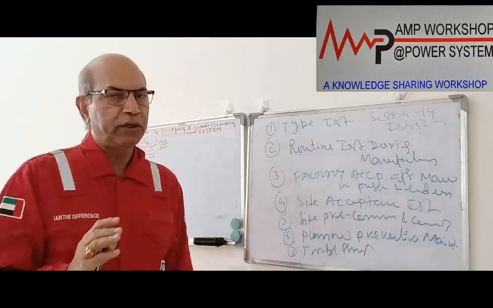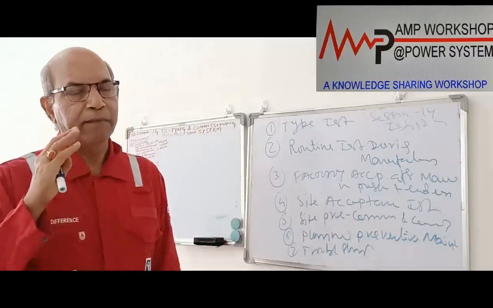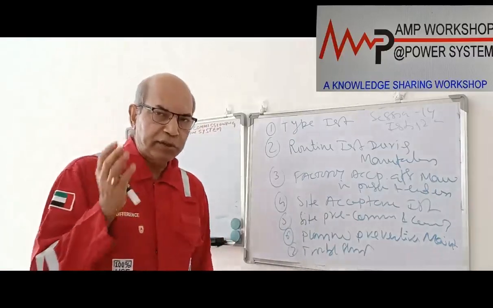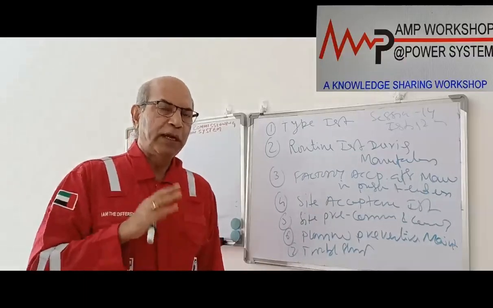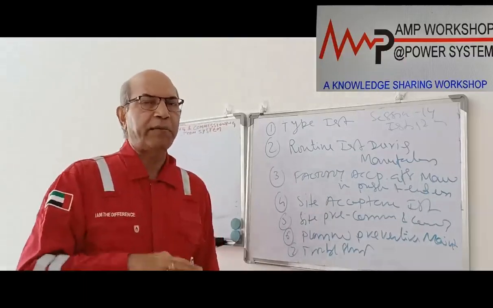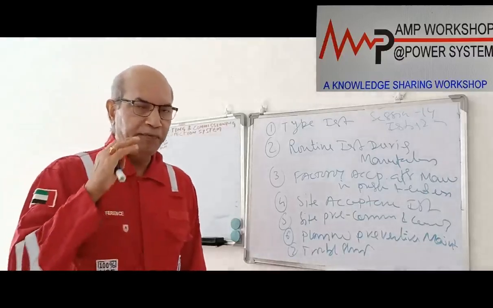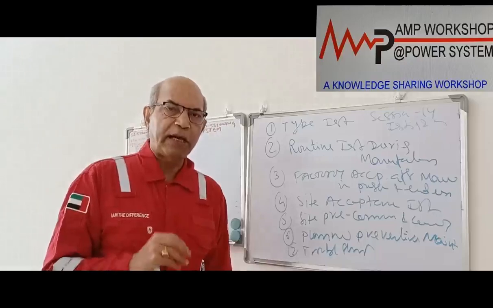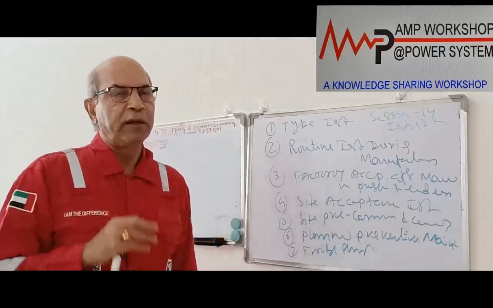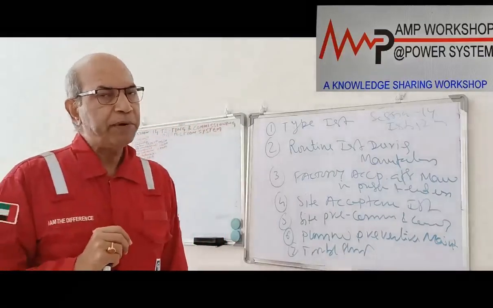In addition, the manufacturer can proclaim that his device has some additional performance beyond the standard requirement. If he claims that type of performance, that performance also has to be tested in third party premises.